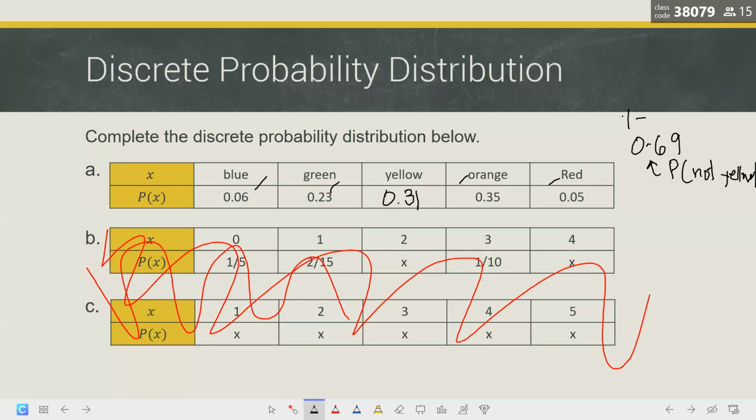So when we subtracted 0.69, which is the probability that we will be getting not yellow, from 1, which is the sum of all the probabilities, we will be having 0.31, which is the probability of having yellow. So that's correct. O, alam niyo na, may ganyan sa assessment.